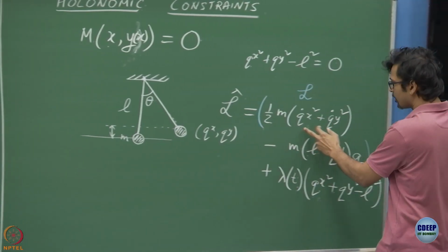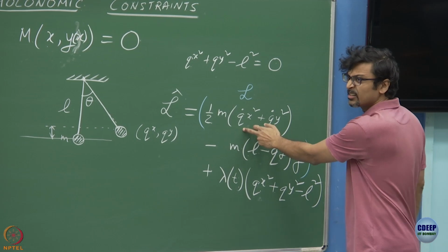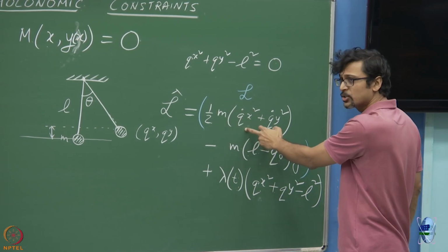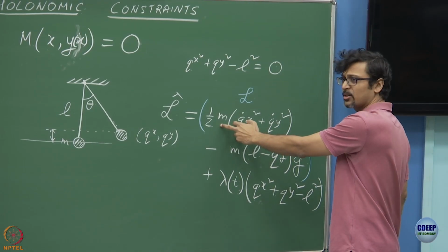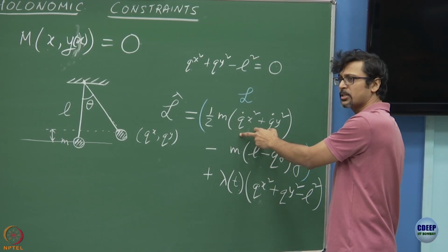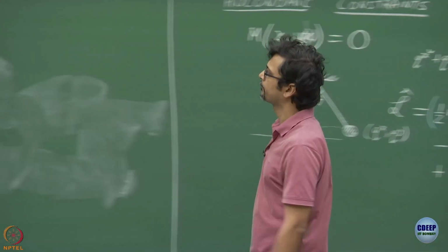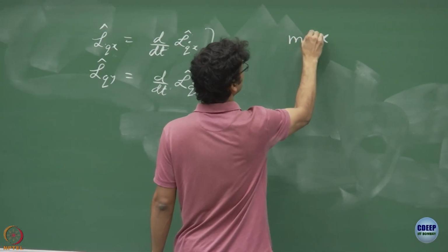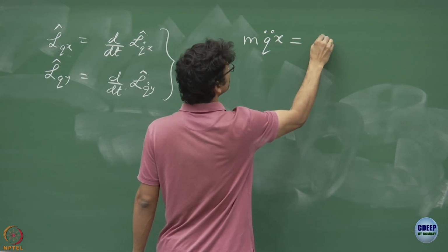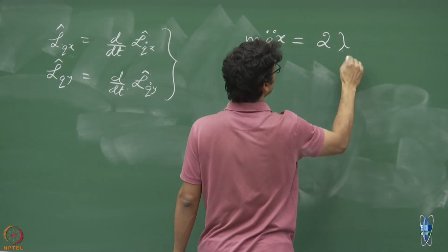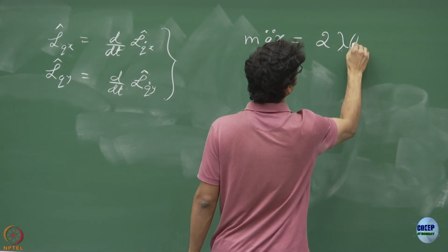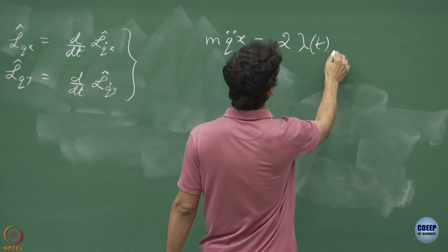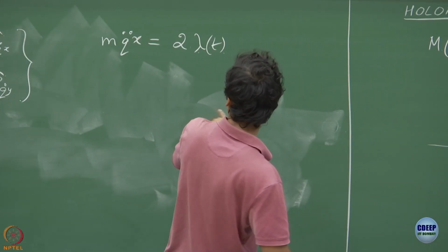Qx dot appears here. So partial of this entire thing with respect to Qx dot is just mQx dot, another derivative because mass is a constant, and it gives you mQx double dot. Is equal to 2 lambda. Of course, you know that lambda depends on time. Let's make it explicit. 2 lambda t Qx, right?